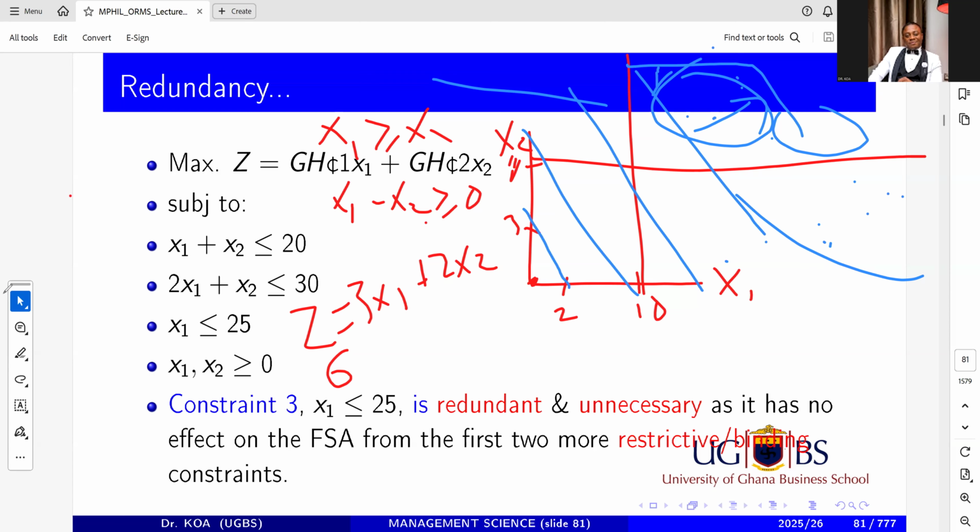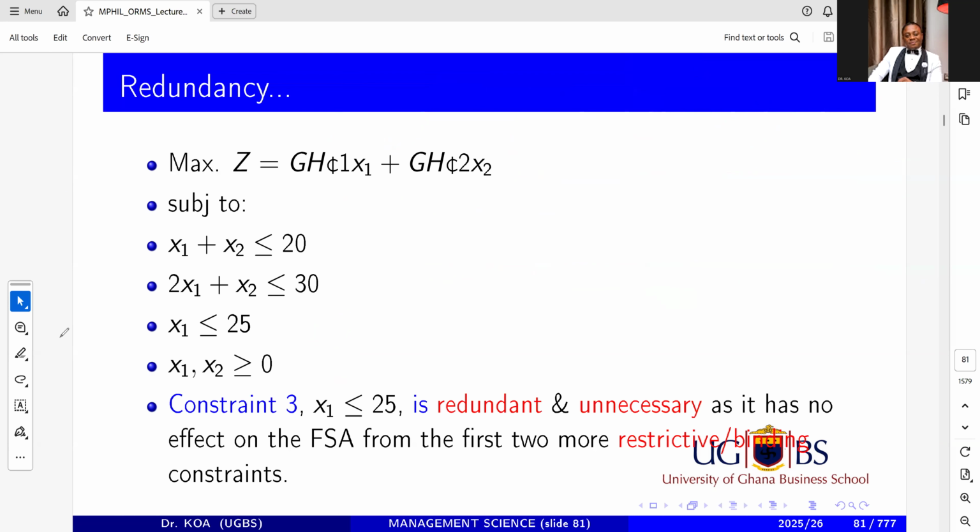Okay, Doc. Now let's look at one more. Oh, this one is killer. Let's try this. This might be the last one. Z equals 5x1 plus 4x2. These are exam questions.